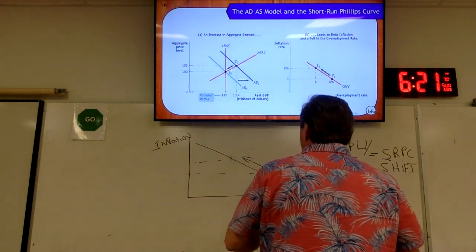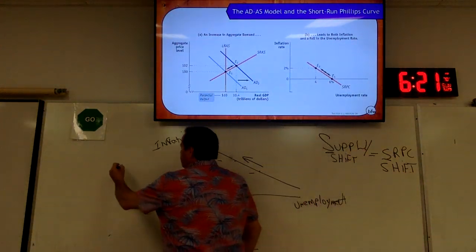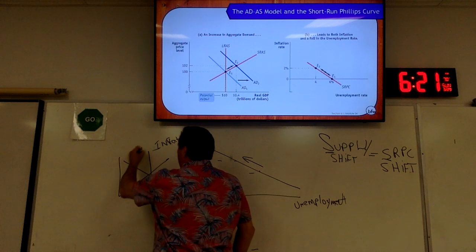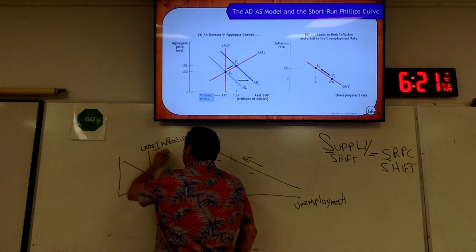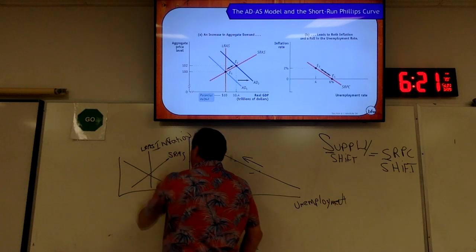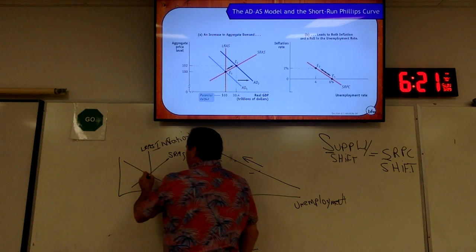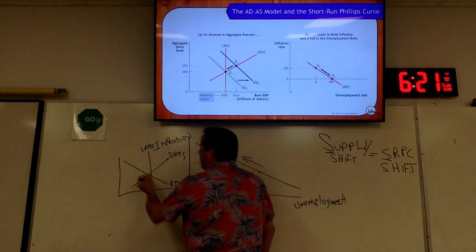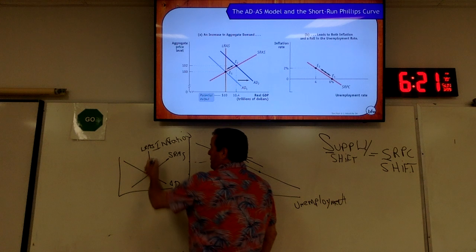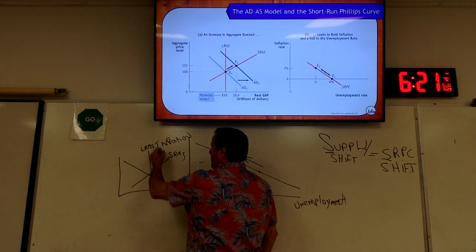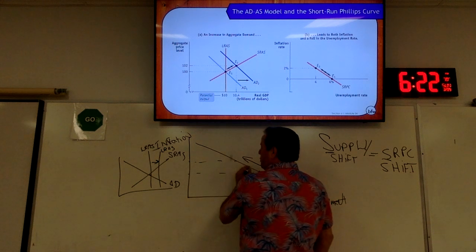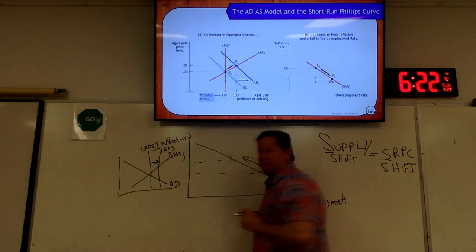So if I draw an aggregate supply right over here, and it's got a long-run aggregate supply, short-run aggregate supply, aggregate demand. You put this right here, it's going to be right here. But if the economy moves to the right, and we have a new long-run aggregate supply, everything moves to the right, this is going to move to the left.